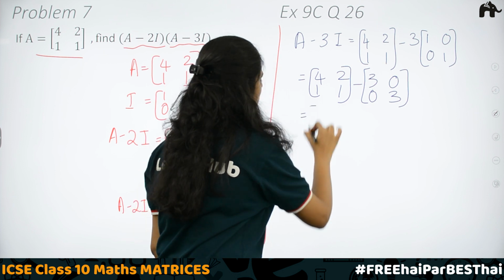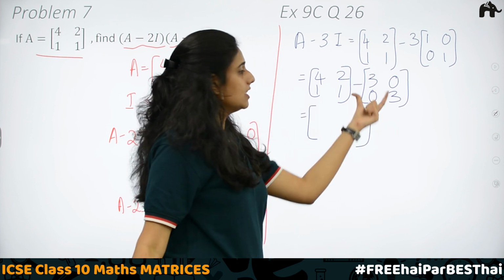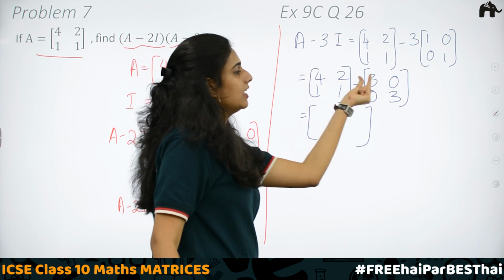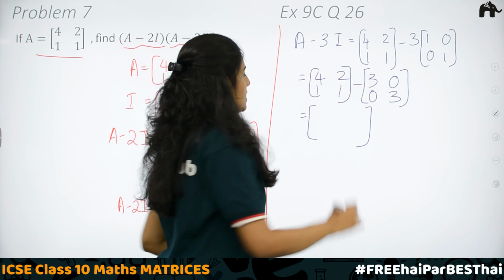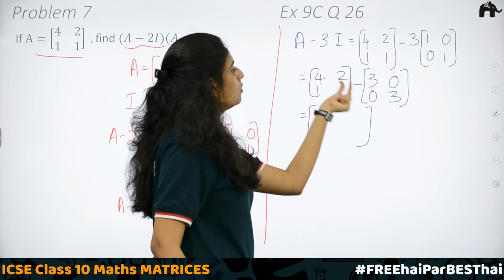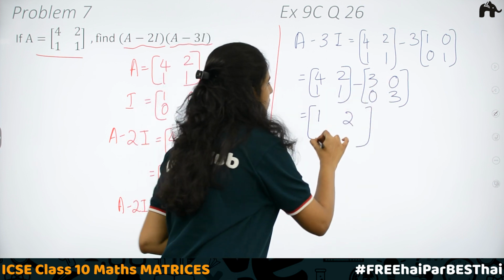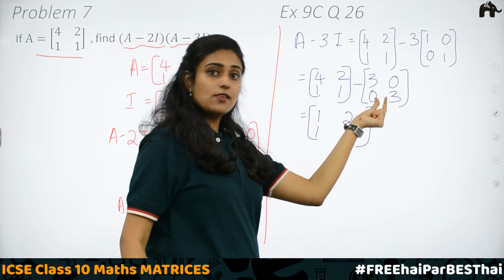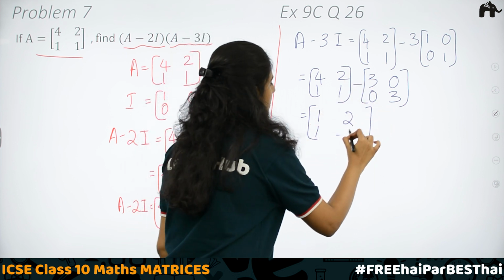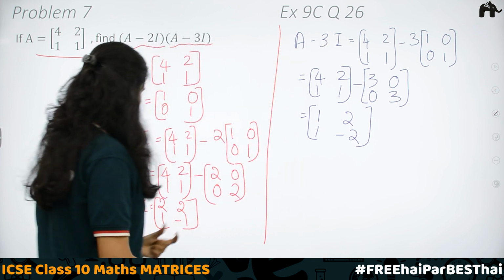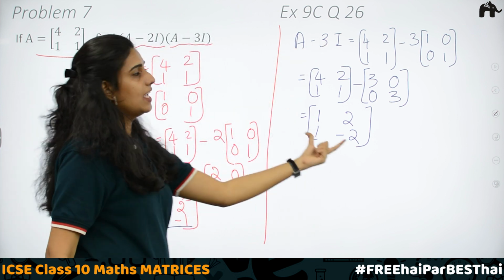Subtracting this matrix from this, first elements: here we have 4 and here we have 3. 4 minus 3, which is 1, 2 minus 0, 2, 1 minus 0, 1 and 1 minus 3. What is 1 minus 3? Minus 2. These are the elements of A minus 3I. We got A minus 2I and A minus 3I.